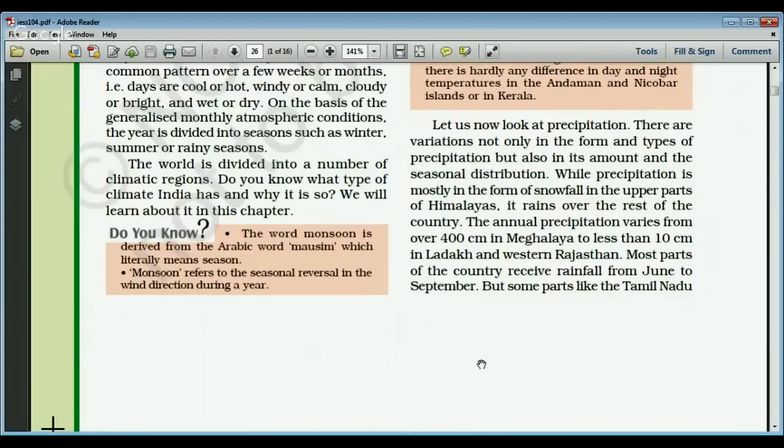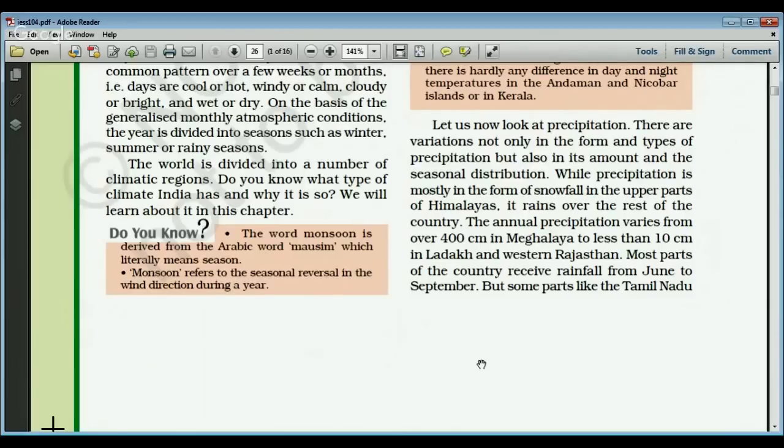So this whole seasonal reversal of wind is associated with the movement of the ITCZ. The apparent movement of the sun with respect to earth takes place, and that results in the movement of the ITCZ.